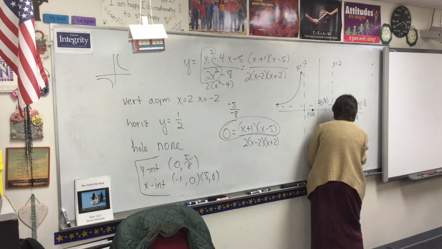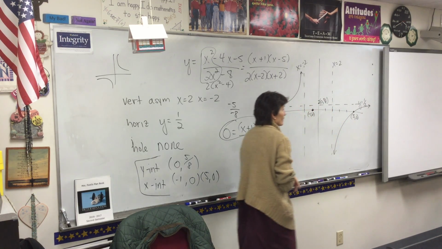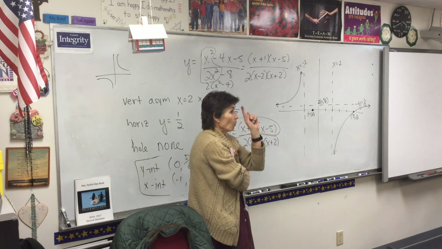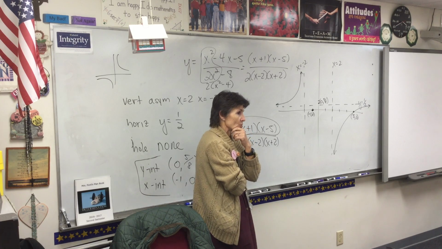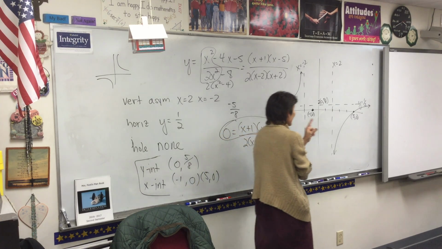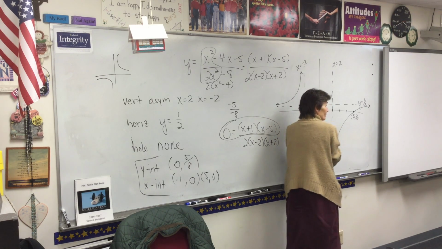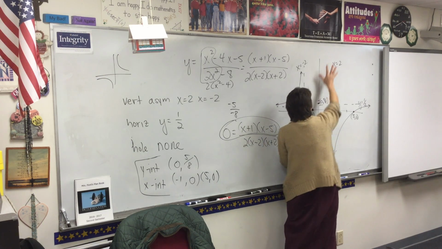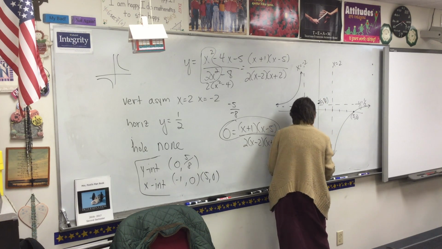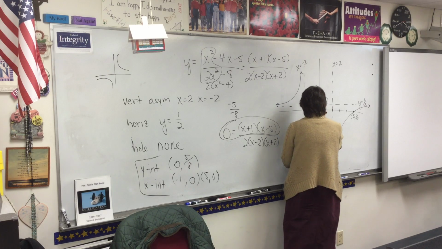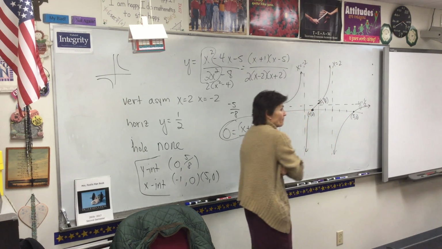So doesn't this one look like this? But what's happening in the middle is extremely strange. You cannot cross anywhere but here and here. And as you go off the page, you have to approach your asymptote. So I'm thinking, guys, I've got like a tangent shape in there.